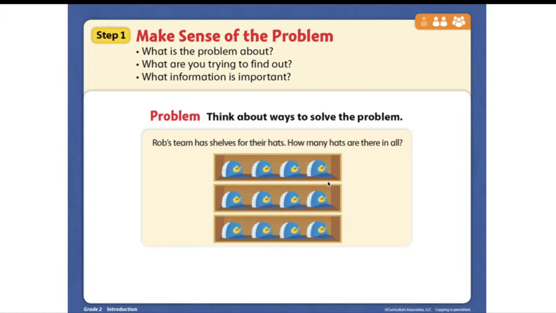It's about hats organized on shelves. What are we trying to figure out? That was in the problem right here. How many hats in all? So we want to figure out how many hats all together. And what information is important? Since we're learning about arrays, it's probably going to be important to think about rows or columns.